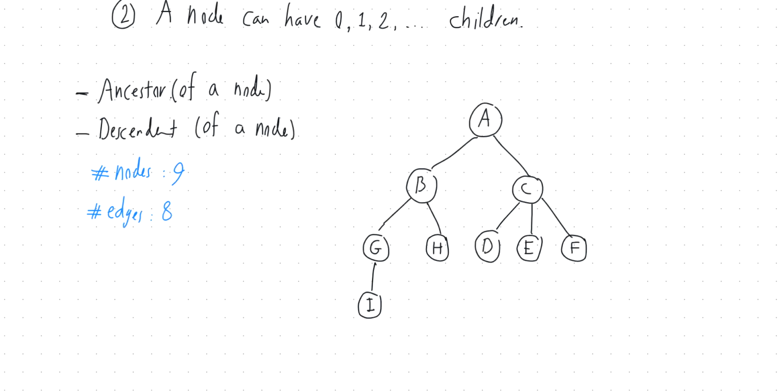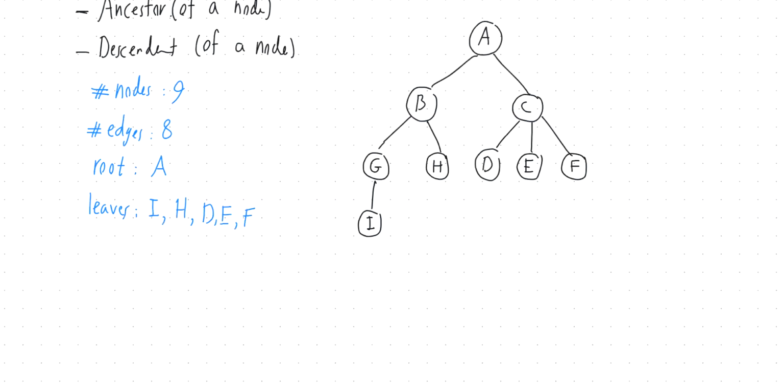Then we had root, or the root node. In this case, that's A. We had leaves, right? In this tree, I is a leaf, H is a leaf, D, E, and F. These are the leaves. So 1, 2, 3, 4, 5 leaves. So this tree has 5 leaves.